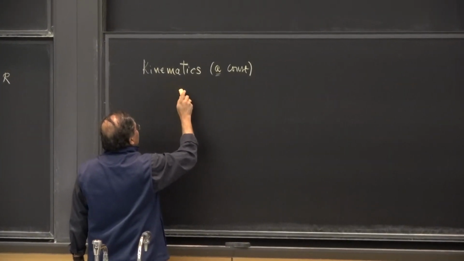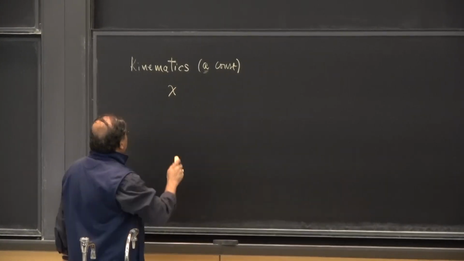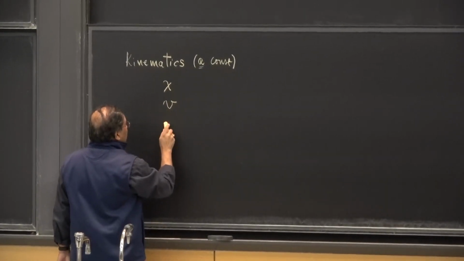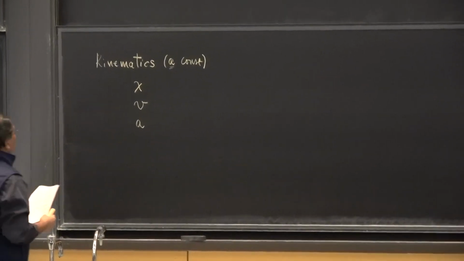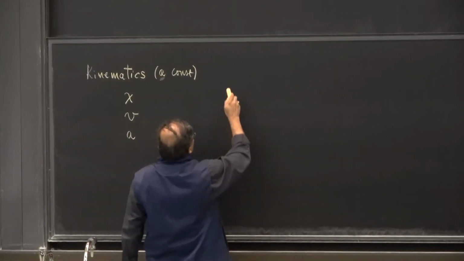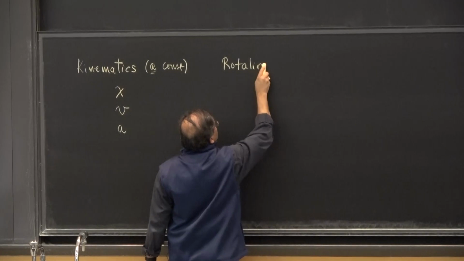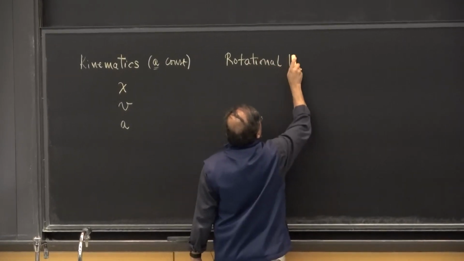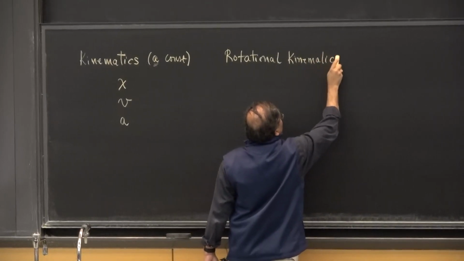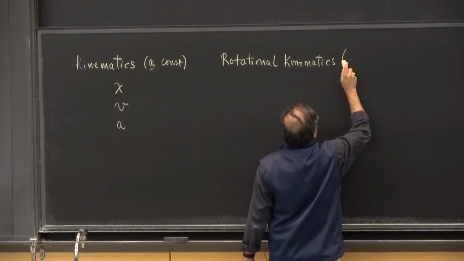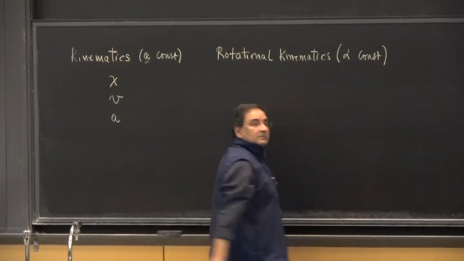So right now, though, let's go back to that stuff that we did quite a while ago. You remember in kinematics, we talked about displacement x, velocity v, and acceleration a or g. Now, on the other hand, we are doing something very similar, which is rotational kinematics. And now we will assume, for simplicity, for now at least, that angular acceleration alpha is going to be constant.